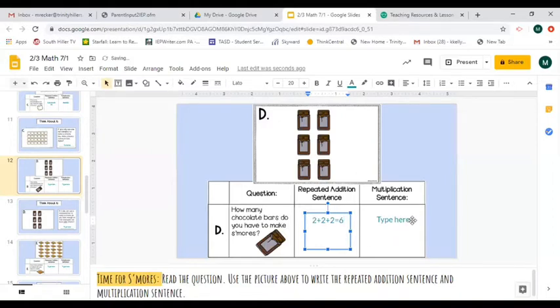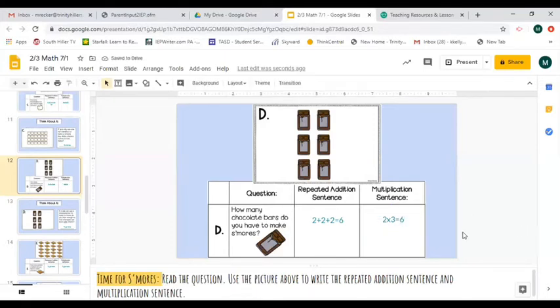And then my multiplication sentence would be 2 times 3. There are 3 rows with 2 in each row, and that also equals 6. We have 6 chocolate bars to make s'mores. But will that be enough to make 2 s'mores for each kid?